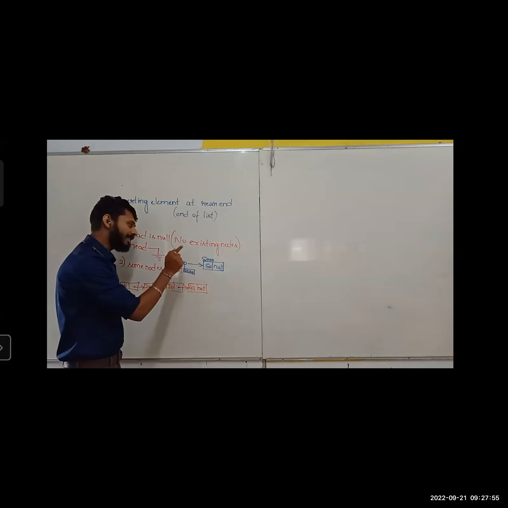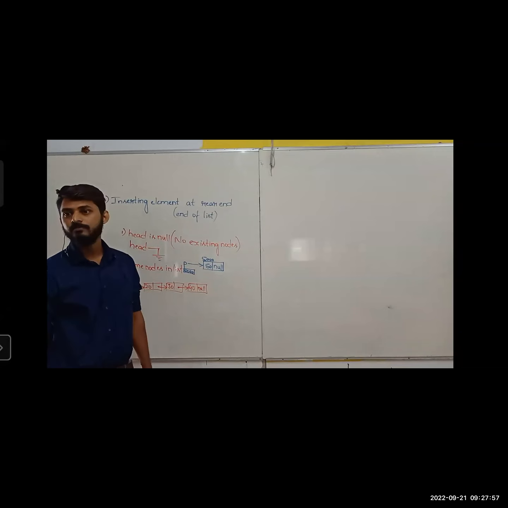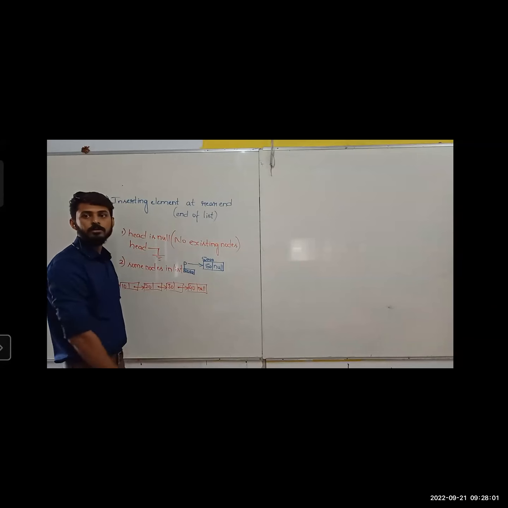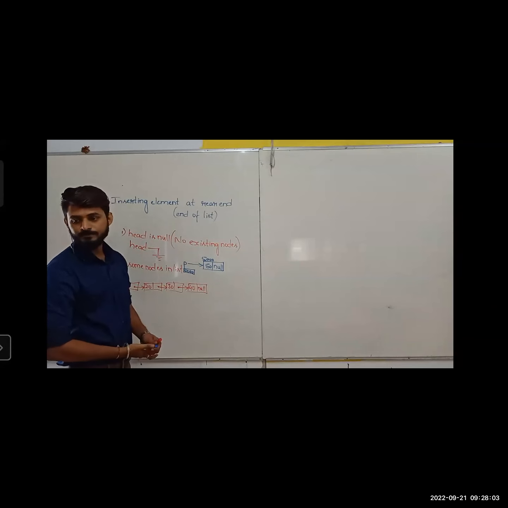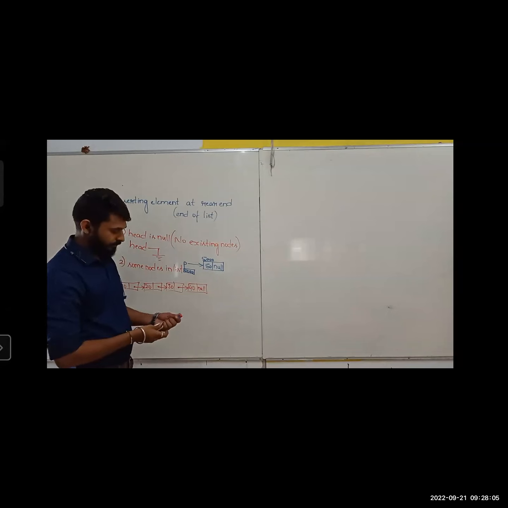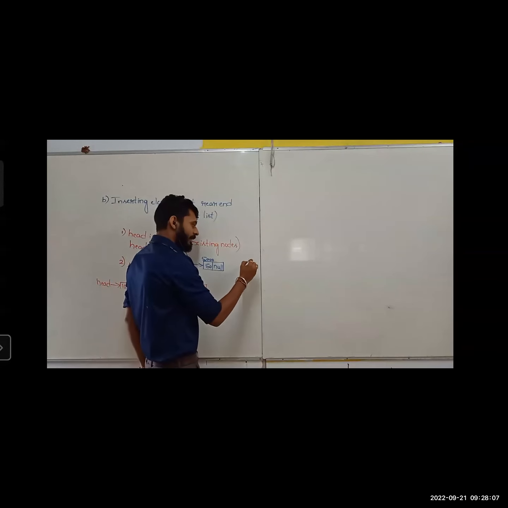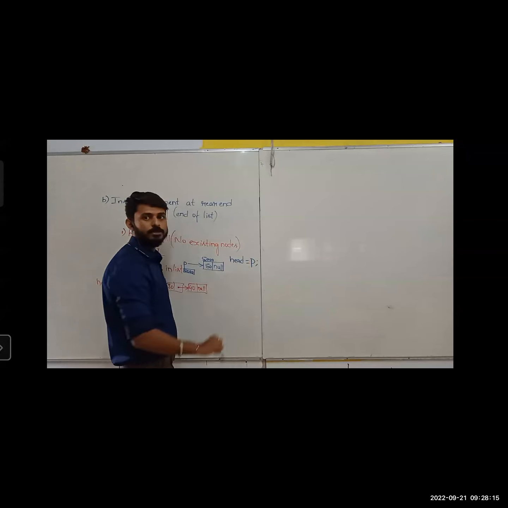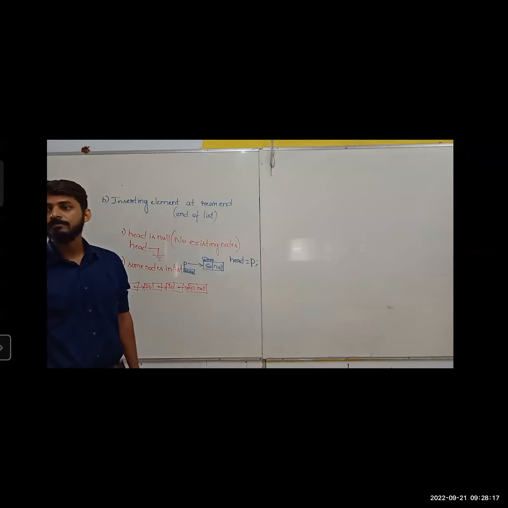If I want to say this is the first node, what should I do? Simple thing, it should point to here. How can I write it? Wherever P is pointing, I want my head also to point to the same place where P is pointing.